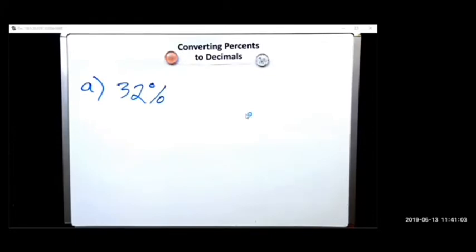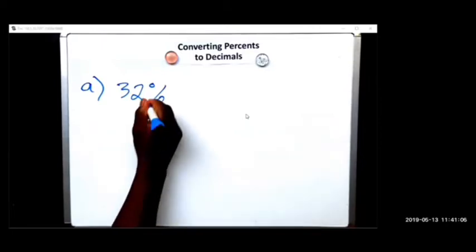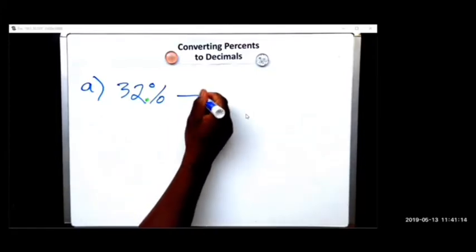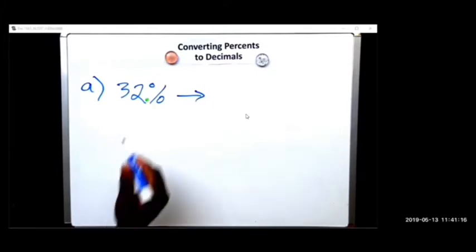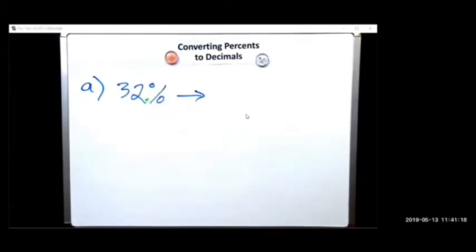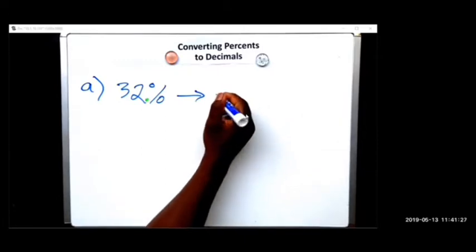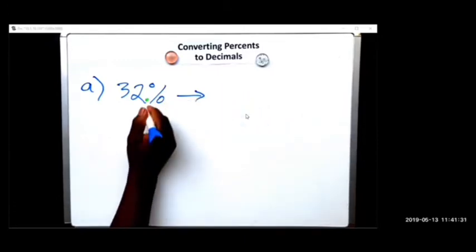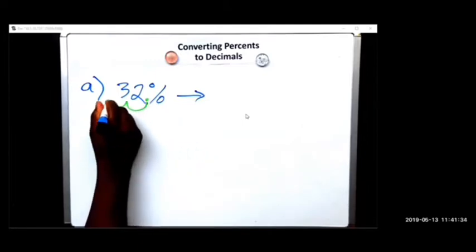Now, the decimal technically is right here, on 32.0%. But these two circles in the percent tell us to move the decimal. When you're converting from a percent to a decimal, you move it 2 spaces to the left.